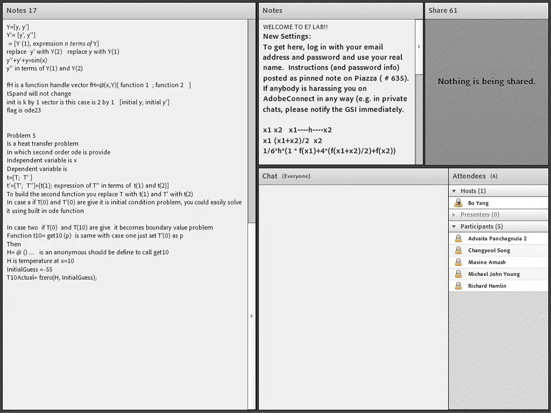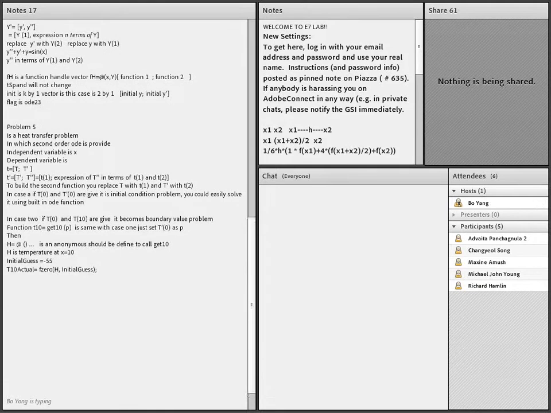In fzero, the first input argument is h, which is the function handle, and the second input argument is the initial guess. So just follow the words in the assignment, and I think you can easily get this function done. This is for problem 5.